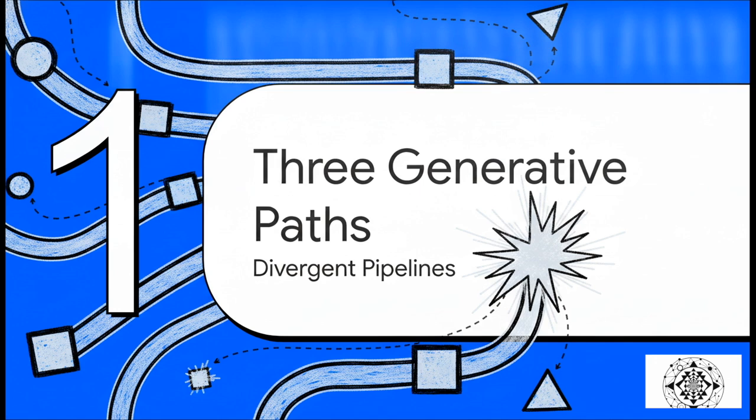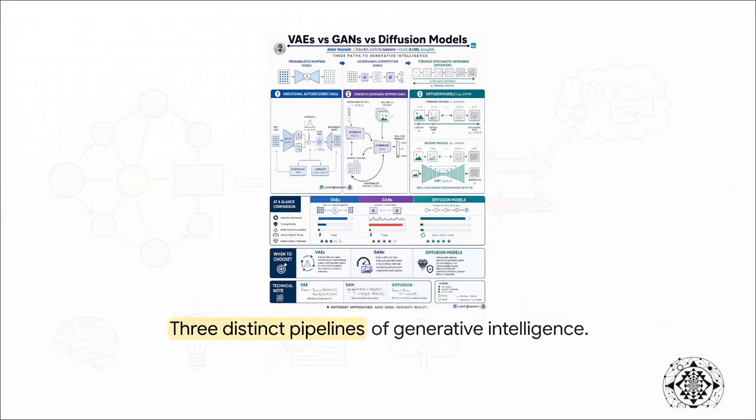Divergent pipelines, single destination. Because before we get into the weeds, it's just fascinating how completely different computational pipelines arrive at the exact same place. Now, look at how these three unique paths are separated at a fundamental structural level in this flow diagram. On the left, we've got probabilistic mapping, which relies on a bottleneck flow to compress and decompress data.